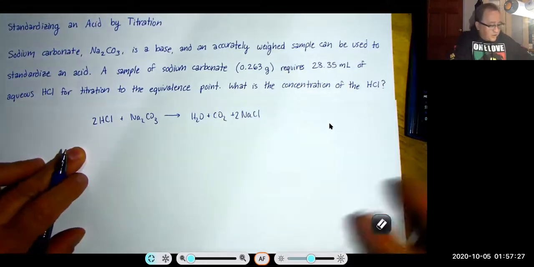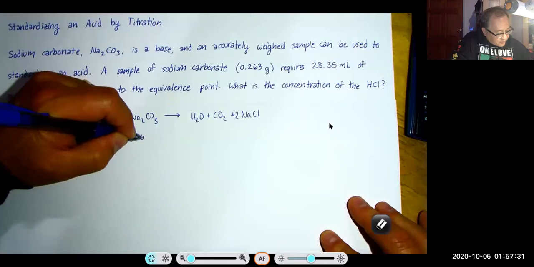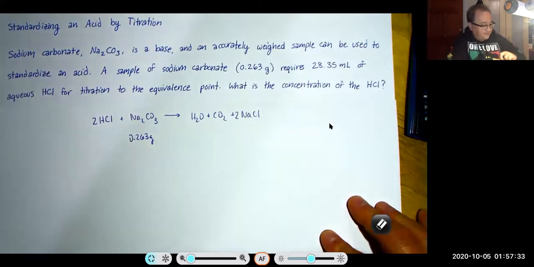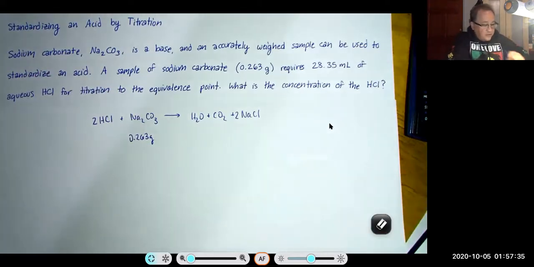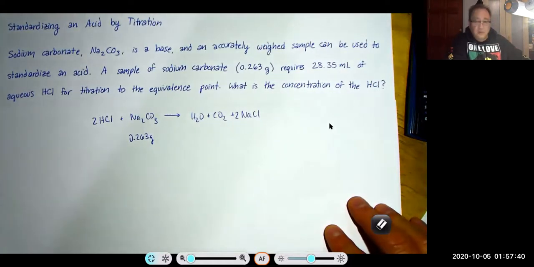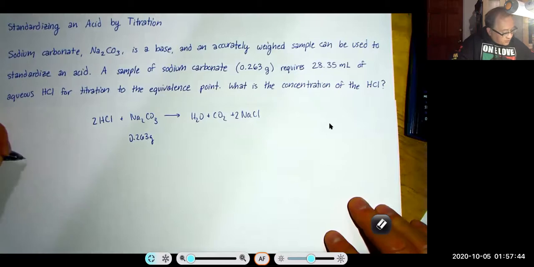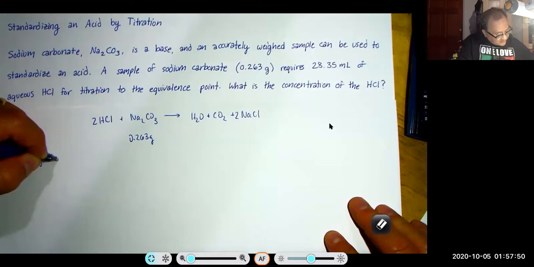And we're going to start off with a sample of 0.263 grams of this sodium carbonate. And we're going to titrate it with 28.35 mL of aqueous HCl. And we want to get the concentration of the HCl solution. So we're going to start off with 0.263 grams of sodium carbonate.